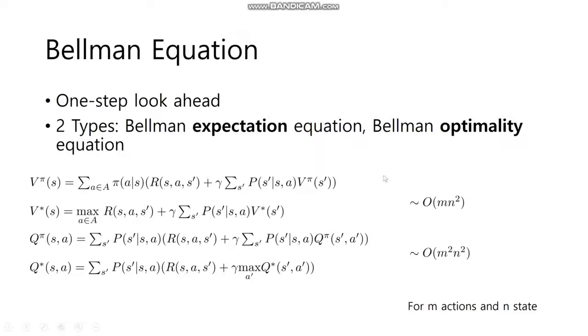Why is it? First of all, we're going to calculate the value function for all states, so n here, and we're going to take the expectation over actions, so m, and we also have to take the expectation over s prime, so n, so m n squared. For the Q function, there's one more a here, so it's m squared n squared.